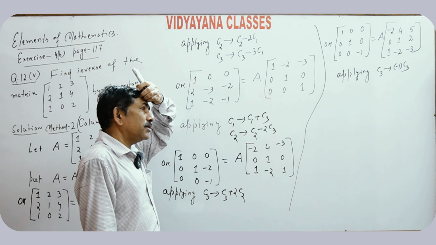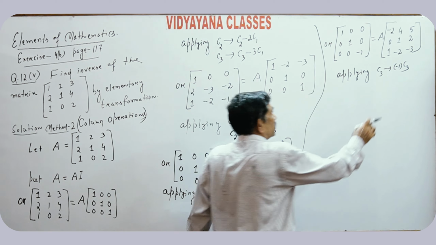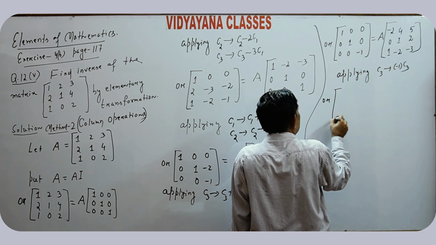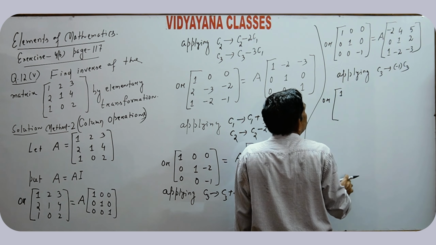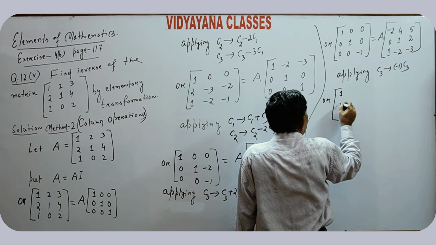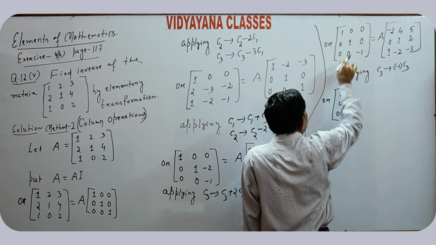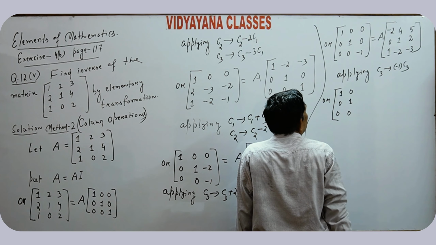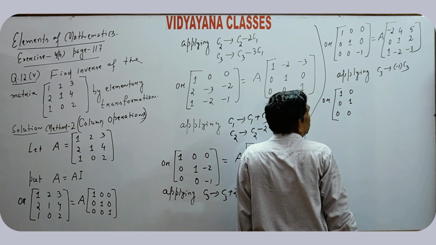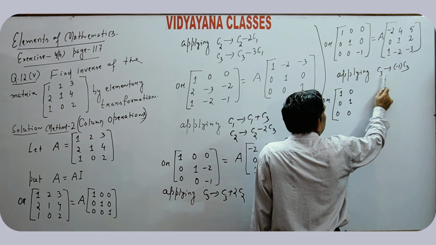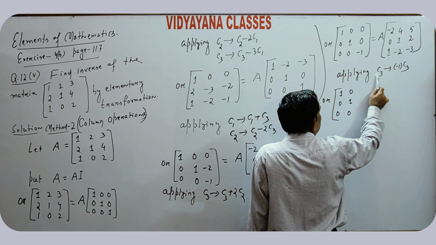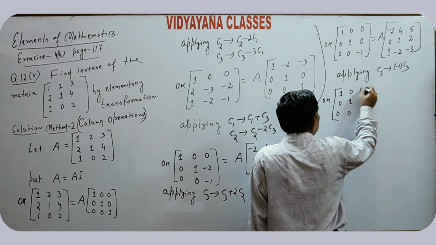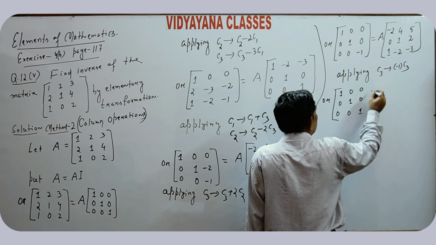It gives 1. No change of first column. No change of second column in left hand side. Third column changes, C3 is replaced by minus 1 into C3, that is 0, 0, 1.